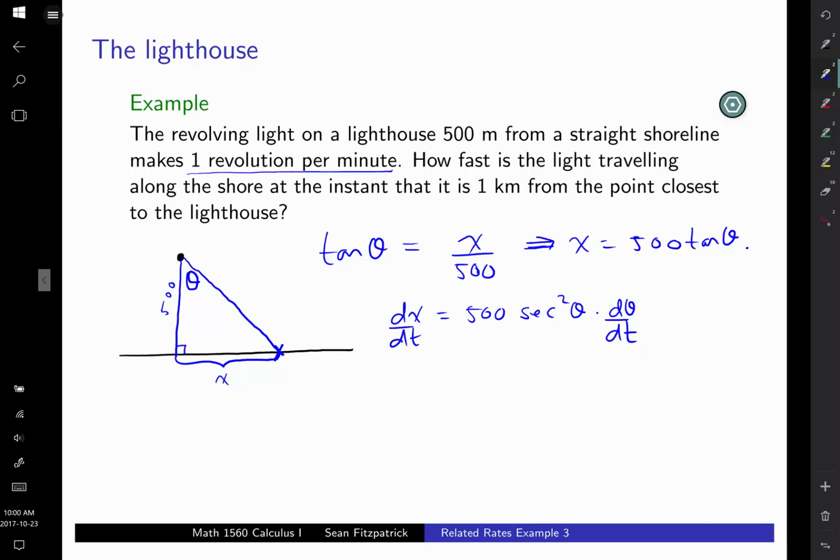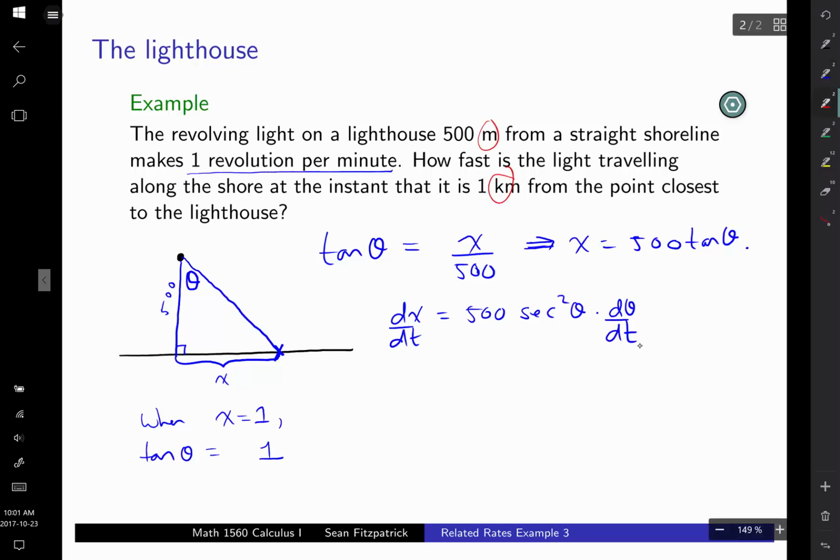Alright, now, when x is equal to 1, I know that tan theta is 1 over, and now we have to be a little bit careful, right? Here's one of these reading issues. 500 tan theta, is that really what I want?